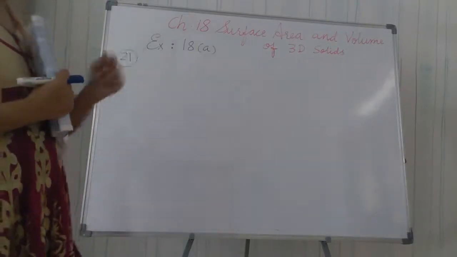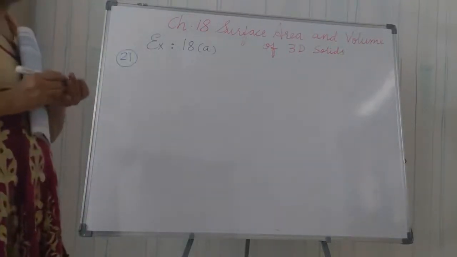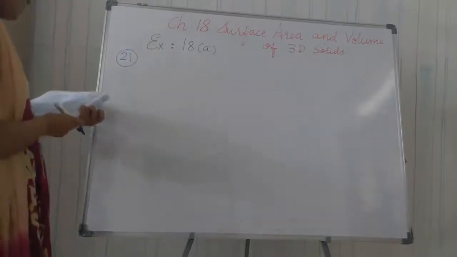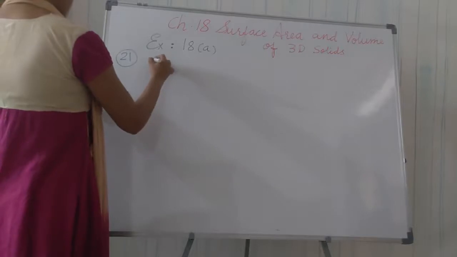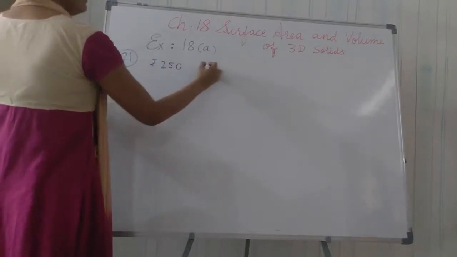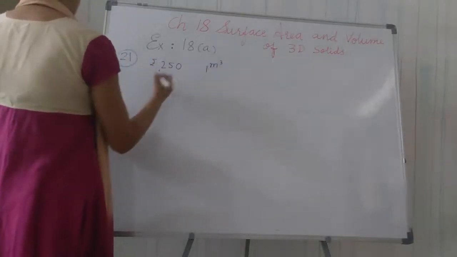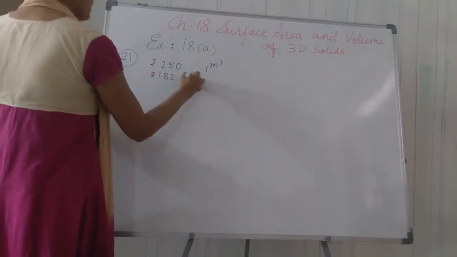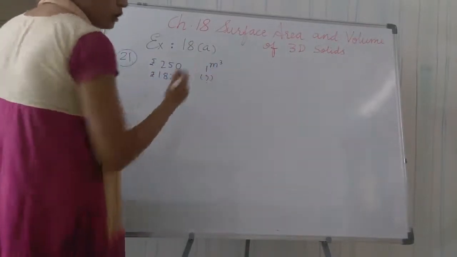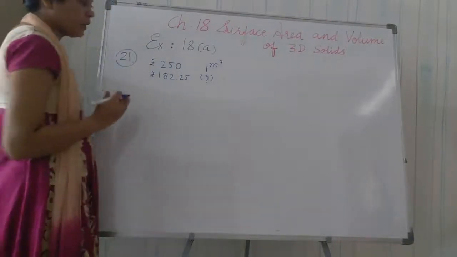So first of all, students, we have to calculate the volume. For that, here we will write that rupees 250 for 1 meter cube. So rupees 182.25, how many cubic meters of this wood is there?